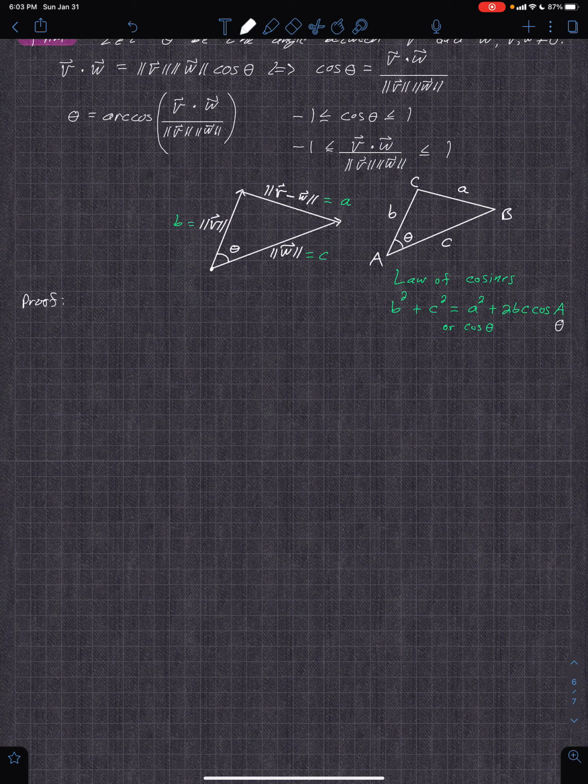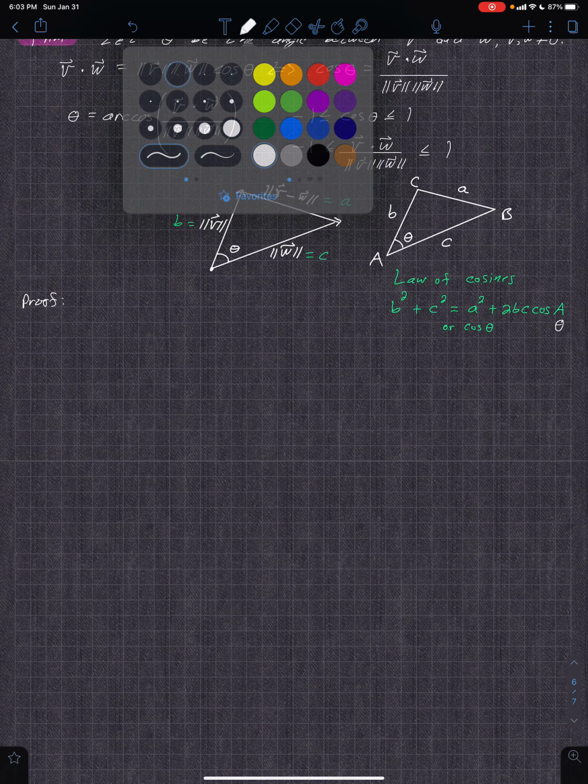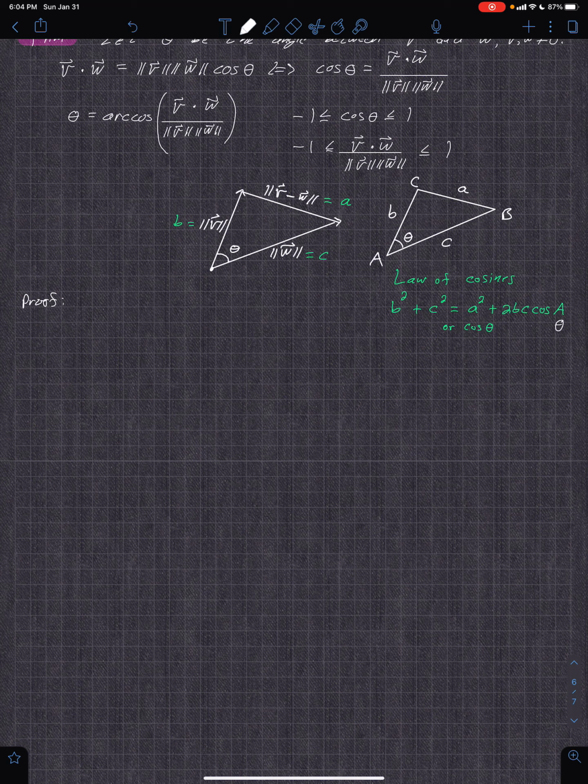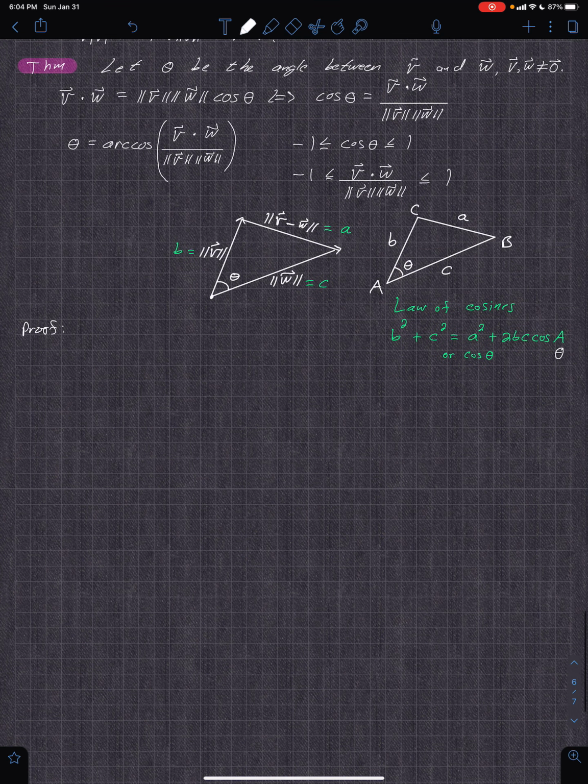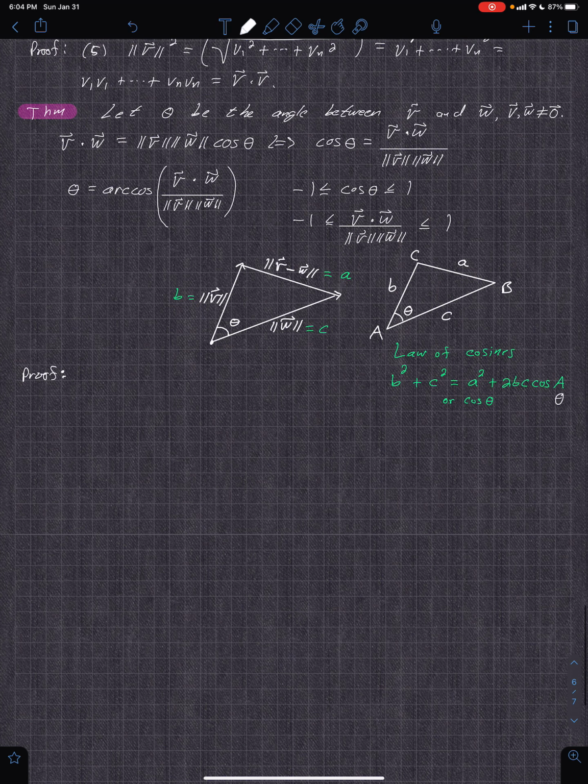So let's substitute directly into the law of cosines. As far as the hypothesis goes, we're going to assume all this is here.